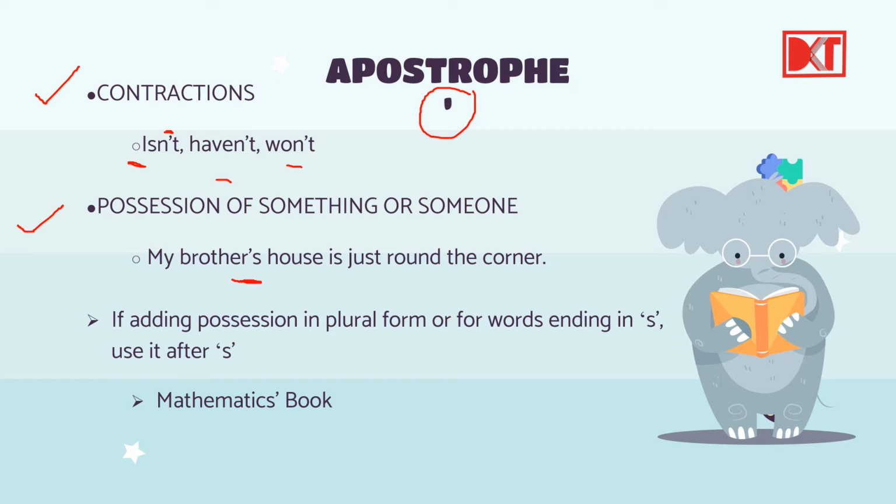Then there's this rule that we must follow, which is if we are adding possession in plural form or for words ending in S, we use the apostrophe after the S. Like here we have mathematics book. Now this is mathematics, it ends in S, so we use the apostrophe after that. And for other plurals as well, if there's any plural, then you use the apostrophe just after the S, like this. Alright, so that was for another punctuation mark, apostrophe.